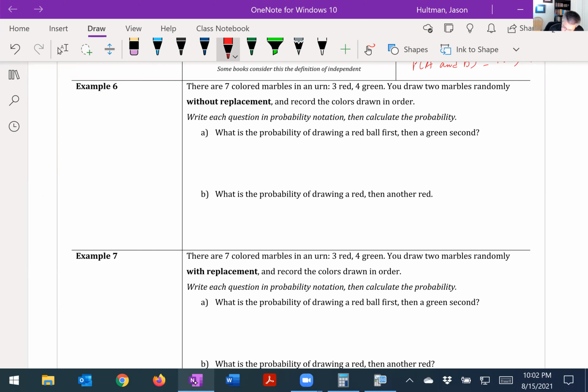Write each equation in probability notation, then calculate the probability. So there are 7 colored marbles, 3 red and 4 green. Without replacement just means without putting them back every time. You don't put the marbles back once you draw them out.